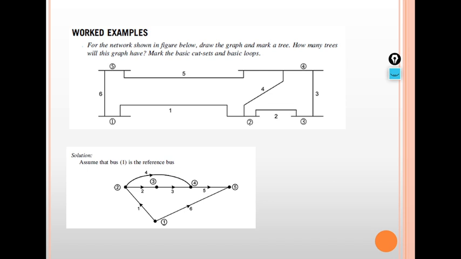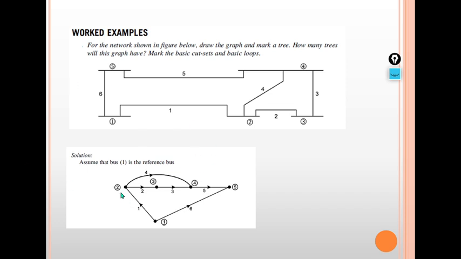That part will not be discussed now, but whenever you learn about load flow analysis, you will complete your knowledge of graph theory. Here you will learn the fundamental things of graph theory, how to find the matrix.